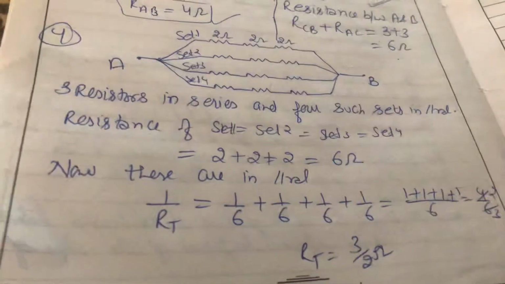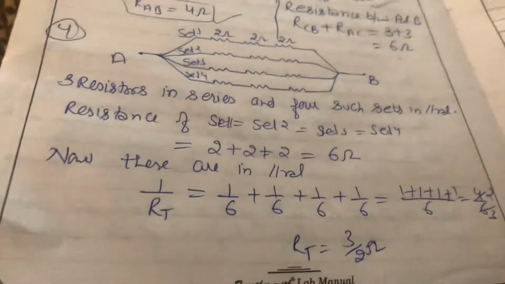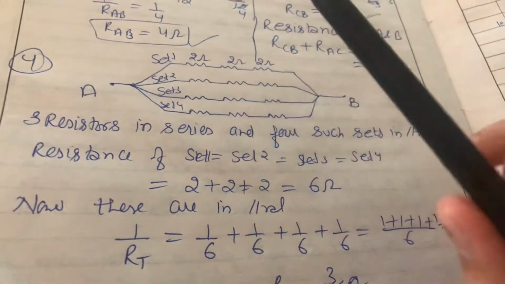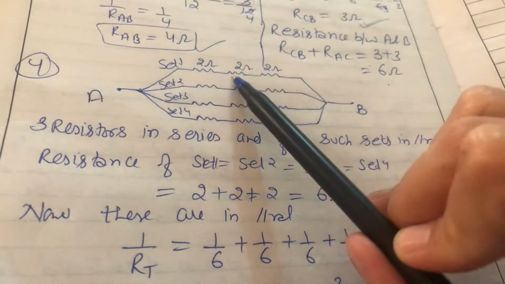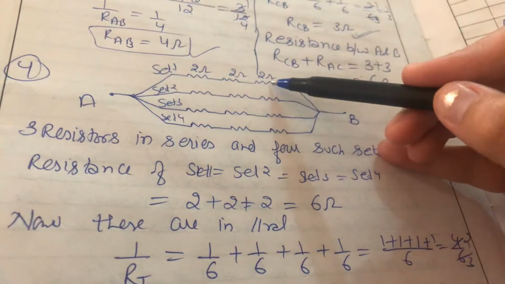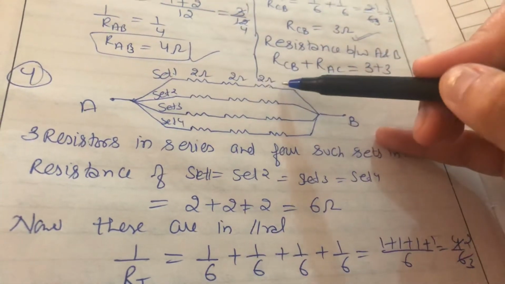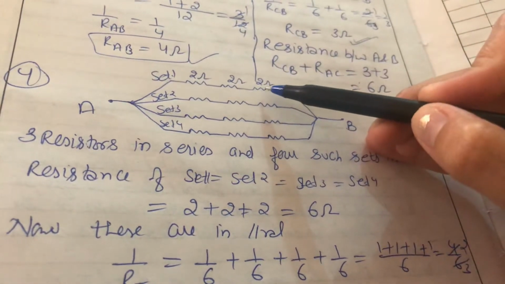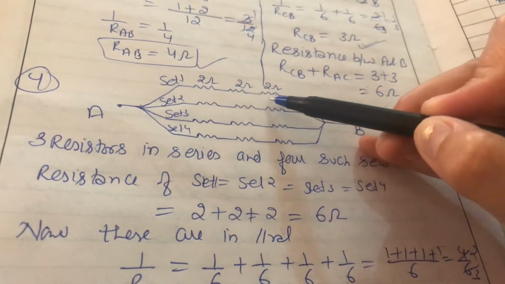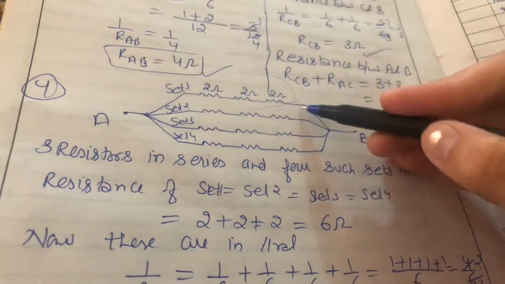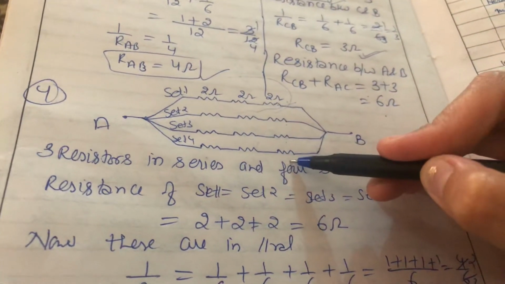The next question, they have given you that you have 3 resistors connected in series, and there are 4 sets of these type of resistors that are connected in parallel. Meaning we have 3 resistors in series, then these series connections are connected in parallel, obviously.